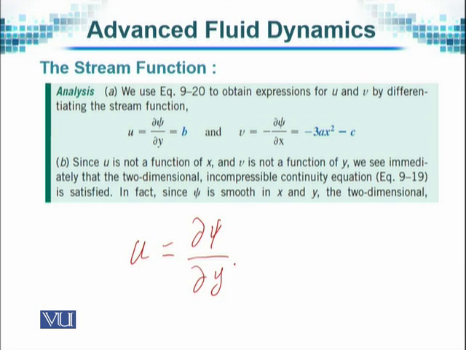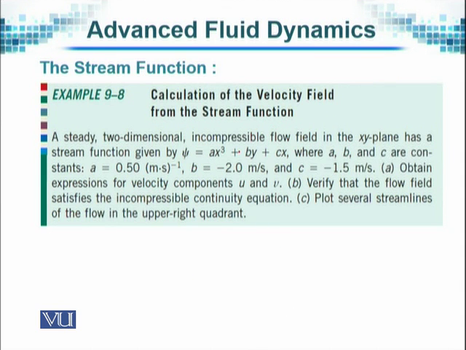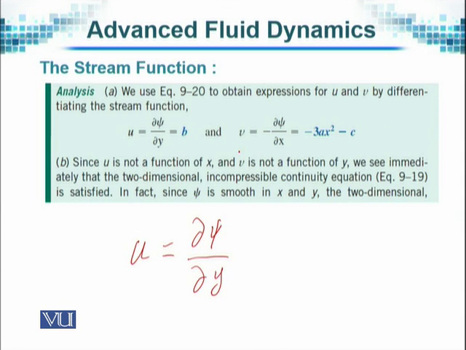Since psi is ax cube plus by plus cx, where a, b, c are constants, and u is equal to delta psi by delta y, when we differentiate this with respect to y, you can see that the only part where y occurs is by. And when we take its derivative, we will be left with only b and nothing else.